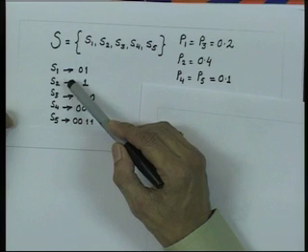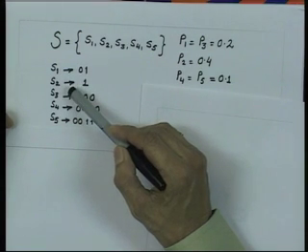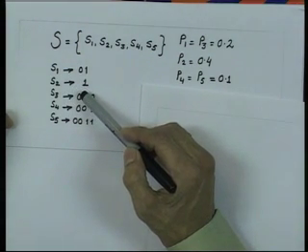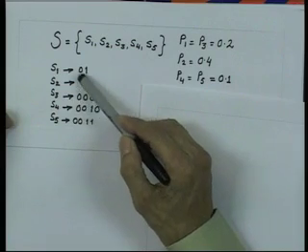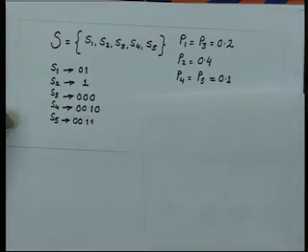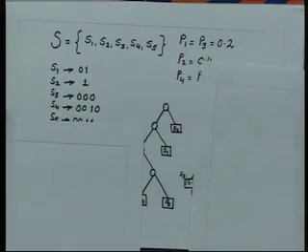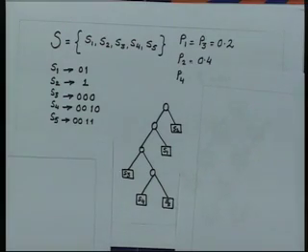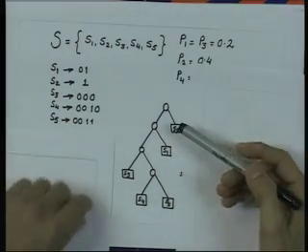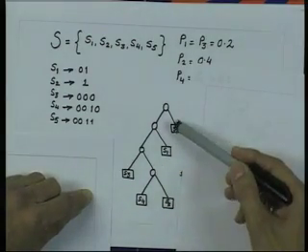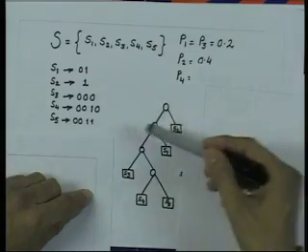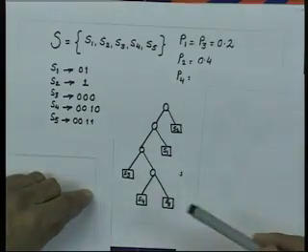Now, from this code we can construct the binary tree representing this code, and that will be as shown here.